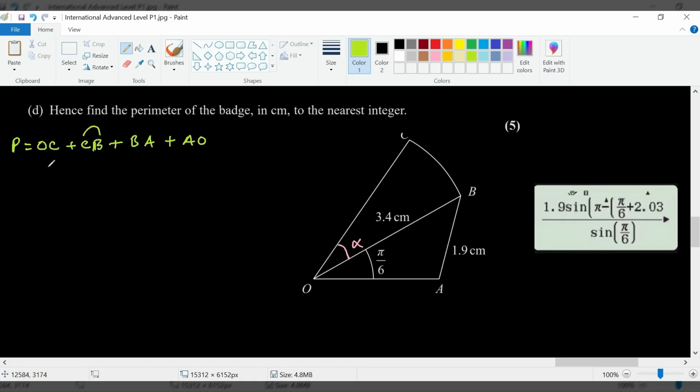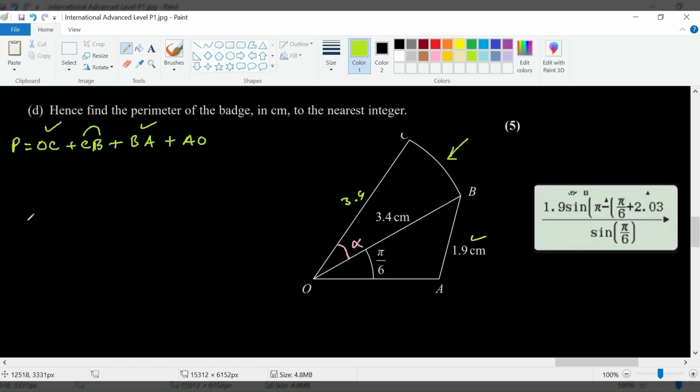OC we know very well, it is 3.4. We need to find out this one. BA is known to us. This one is 1.9.